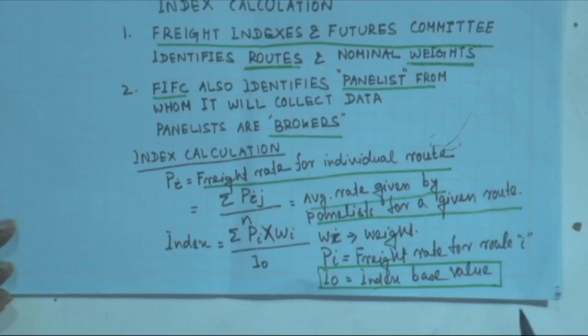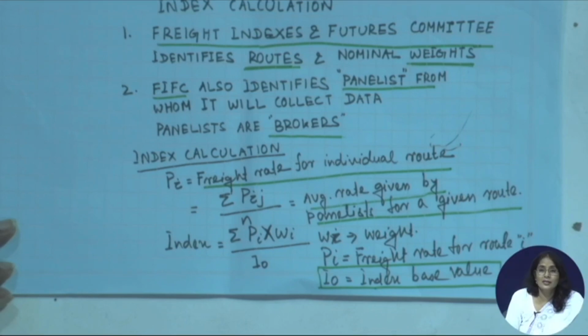So it is a simple average. If out of 10 panelists the exchange has received 7 price informations, those are averaged out to identify the price associated with the particular route.